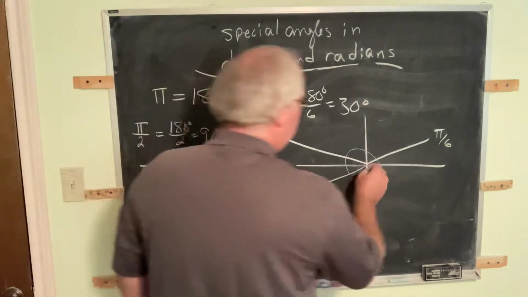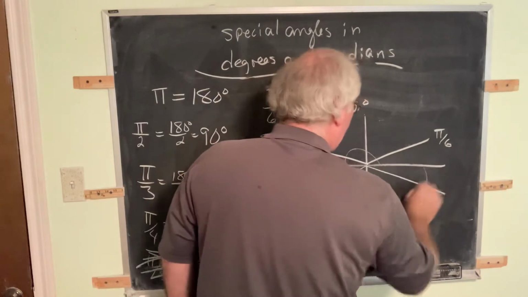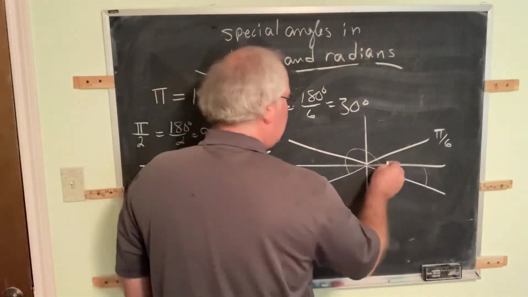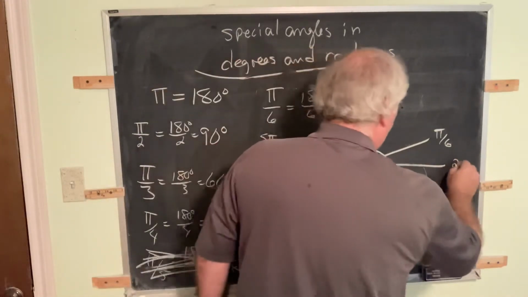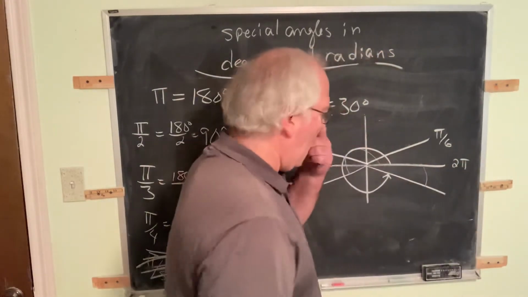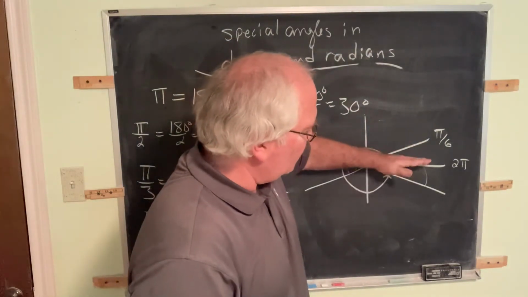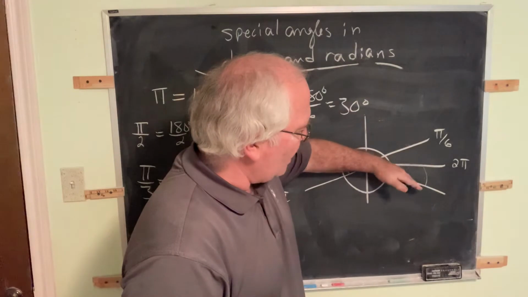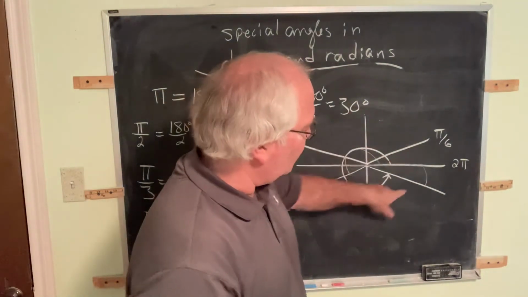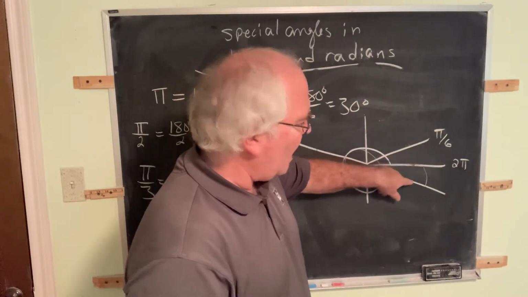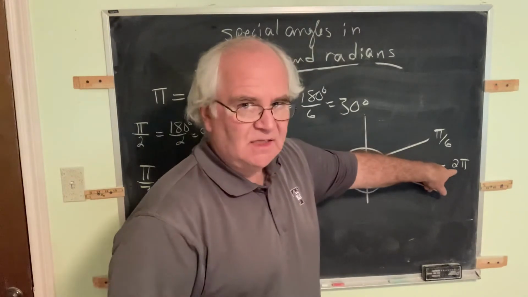And then the last one to consider, what if we're in quadrant 4? What if this is a pi over 6 reference angle? The question is, how big is this angle? And the way we're going to write that is, think of this: if this were degrees, you would go the entire 360, but subtract off 30 degrees. What we're going to do is go the entire 2 pi, but subtract off 1/6. But we need 6ths.